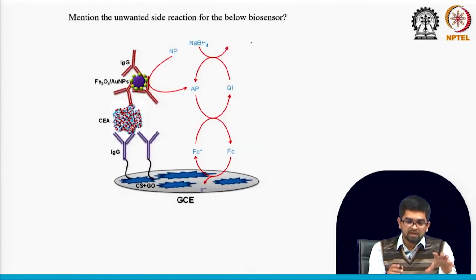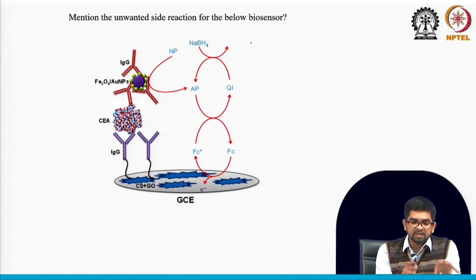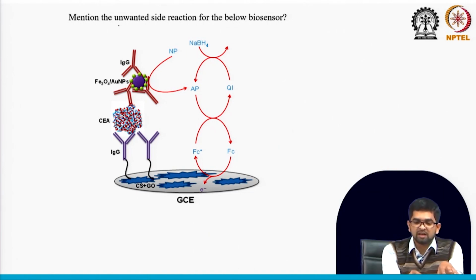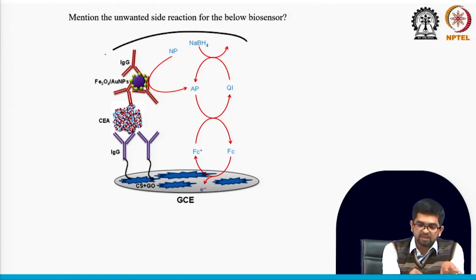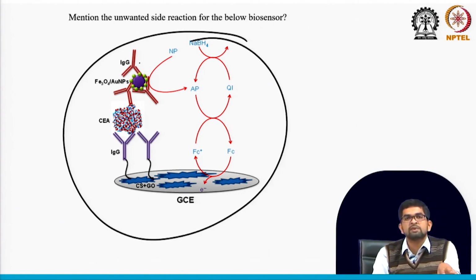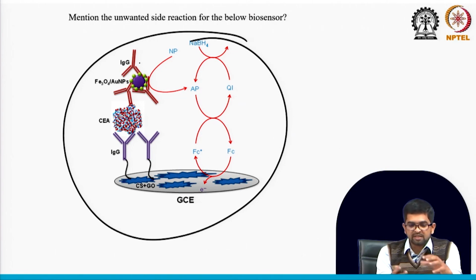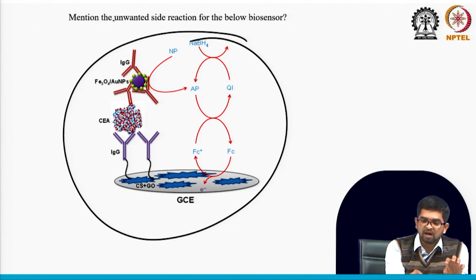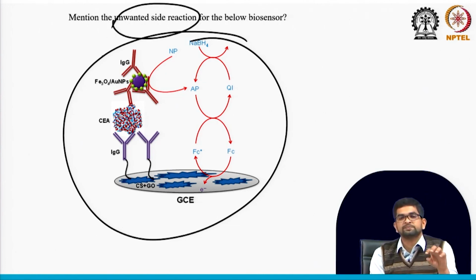Okay. Now let's come to the next tutorial question. Maybe in the exam I can give you something like this, a schematic diagram of this kind of reactions. Let's try to gather all the information that is responsible for unwanted side reactions.